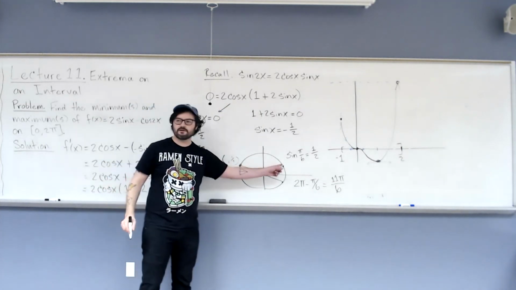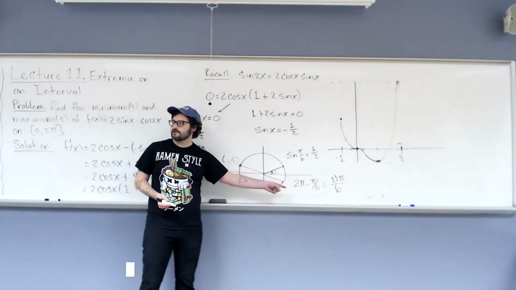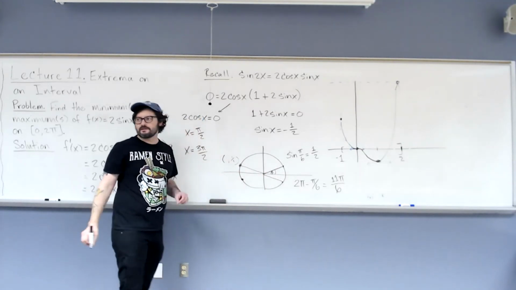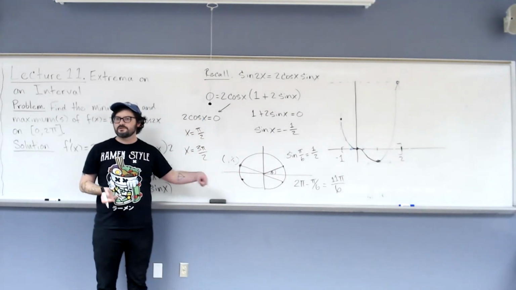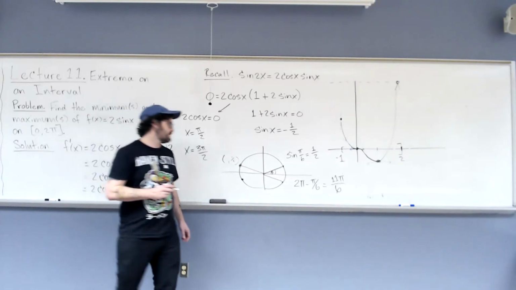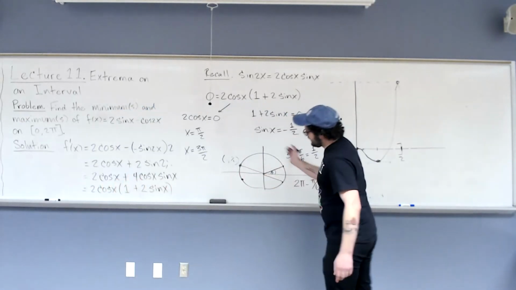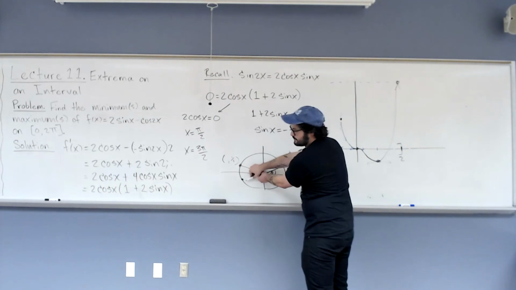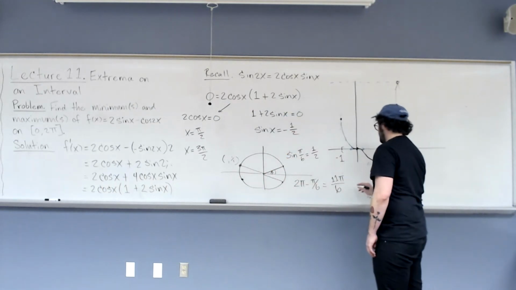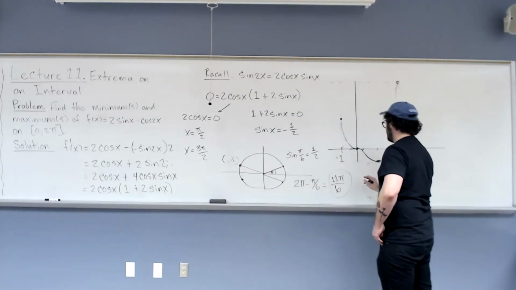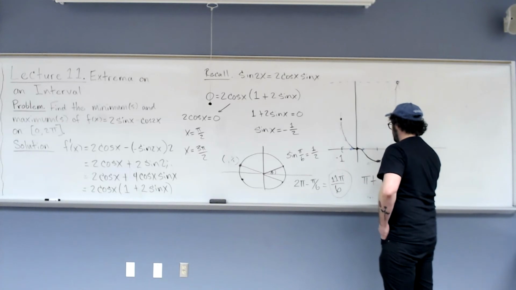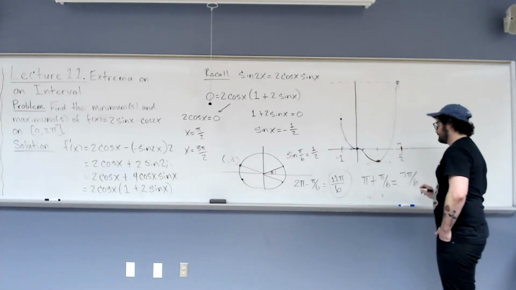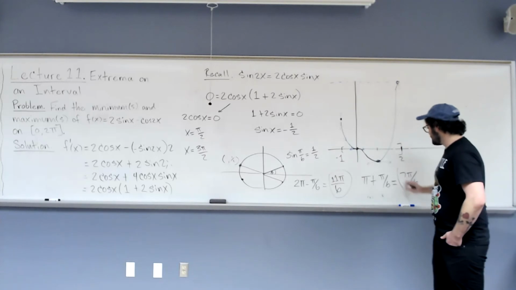Okay, the y value there is 1/2, the y value there is negative 1/2. So that means that here, whatever angle that is, the y value is going to be negative 1/2. So what is that? That's pi plus pi over 6, which equals 7 pi over 6. Okay, so there.